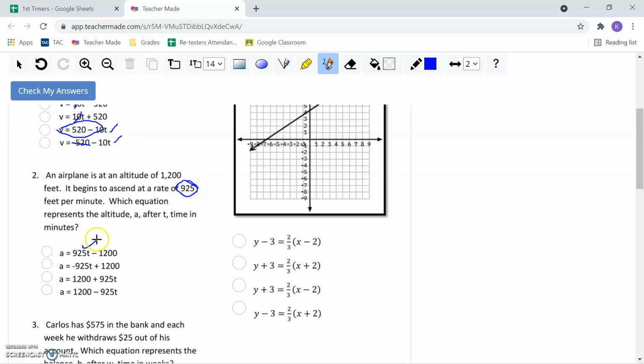Here's a positive one. This one is off because it's negative. This one is off because it's negative. So it's between these two. It begins at an altitude of 1200 feet. It doesn't say it's underwater or anything. So it cannot be this one right here because it begins at 1200. So the answer for this one, ladies and gentlemen, it is A.